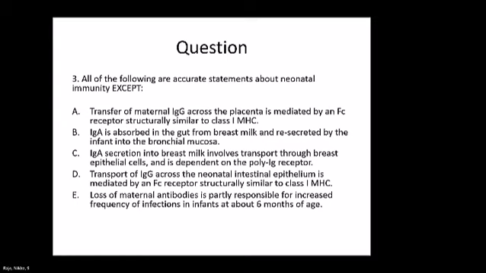So E seems true. The neonatal Fc receptor we talked about is structurally similar to class 1 MHC, so A makes sense, and D makes sense too. So we have B and C.